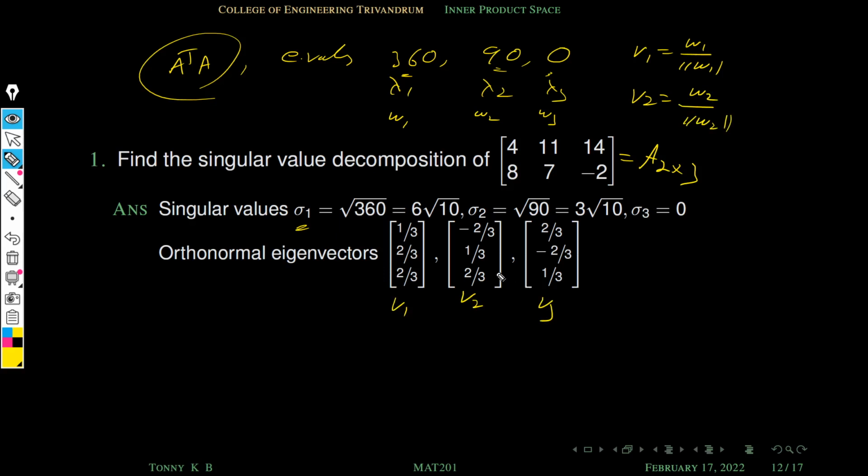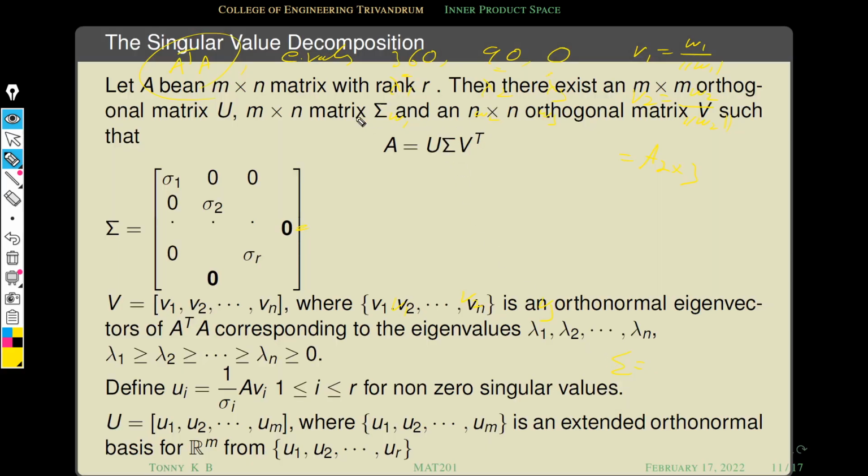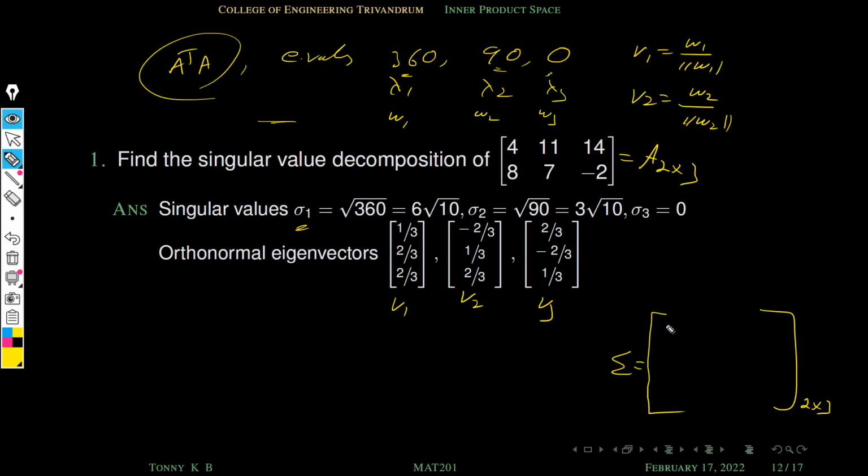Okay, so now sigma and V are clear. Sigma is an m by n matrix; the order of sigma is the same as the order of the given matrix. The first entry is sigma 1, that is 6 root 10, and the second entry is sigma 2, that is 3 root 10.